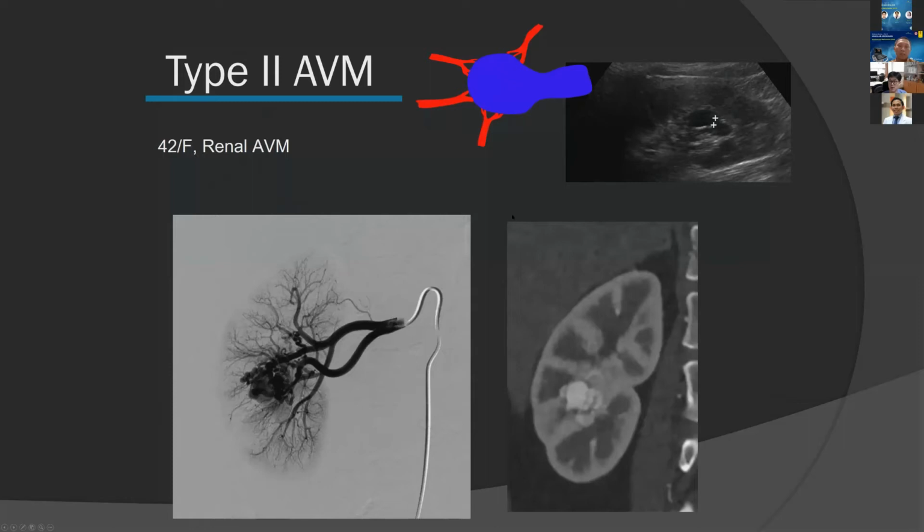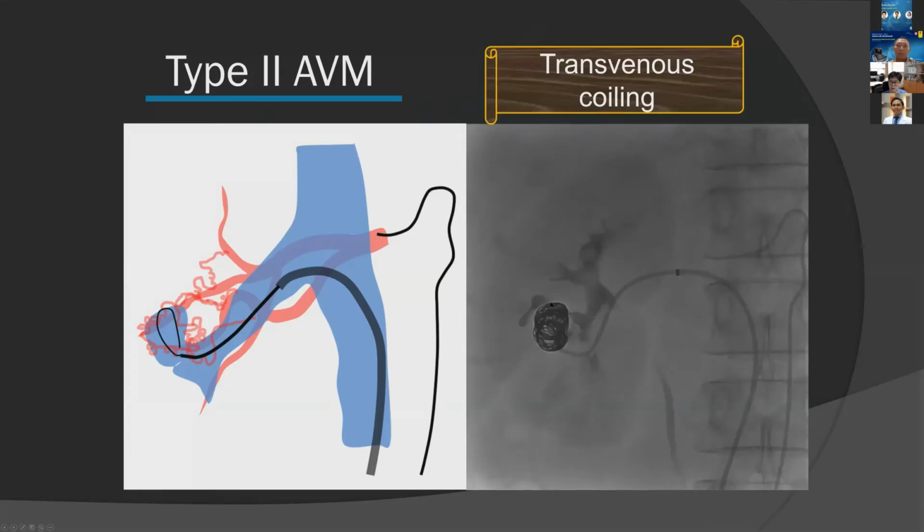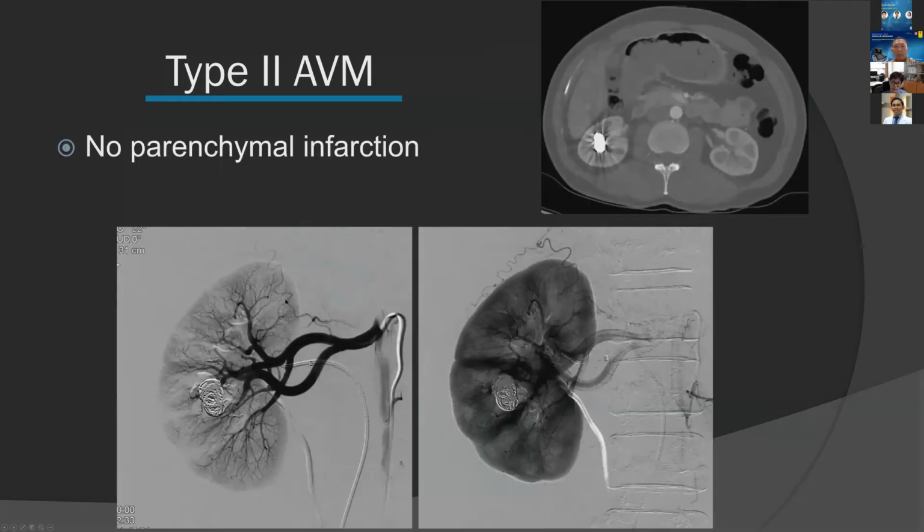So at that time, I also wanted to try the transvenous access, and this is the arterial, this is the venous catheter, and I pushed 5 detachable coils in this patient. Follow-up angiography shows spontaneously regressed numerous feeding arteries, and there is no parenchymal infarction on follow-up CT scan.